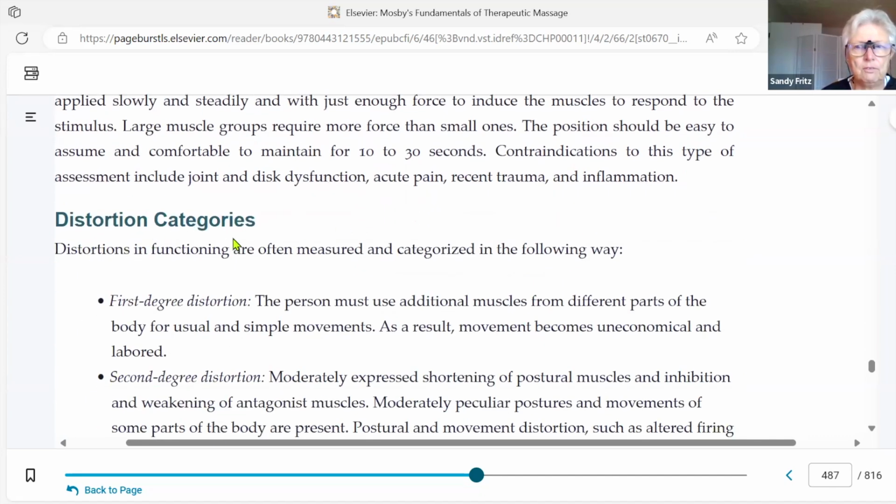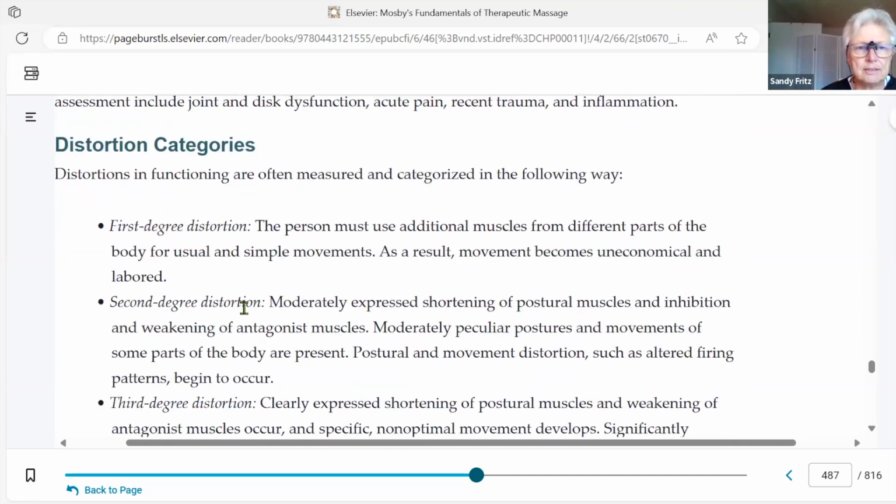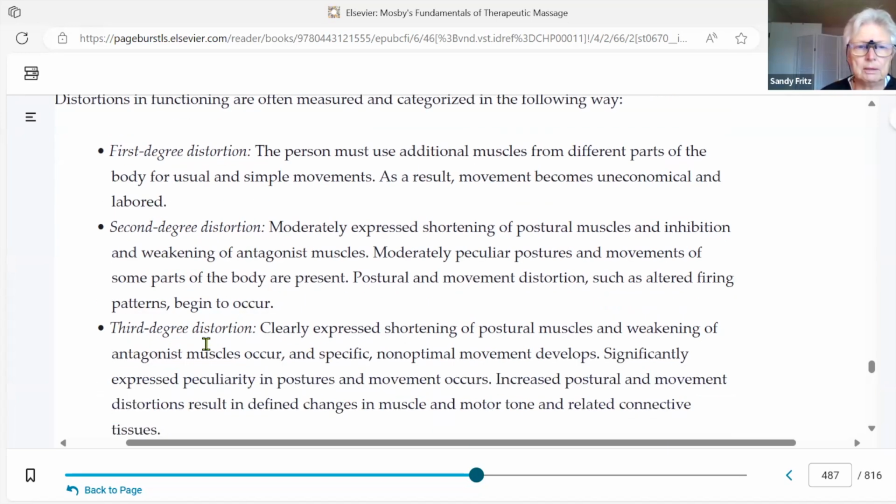And then we're looking for these distortion categories. So we've got first degree, second degree, and third degree, and how much challenge there is for the person to function is going to indicate whether we work autonomously, where we work, we need to think about an integrated care plan for somebody, and when it is really important down here on third degree, when it's really important that the person is assessed by a qualified medical professional to really look and see what's going on here.